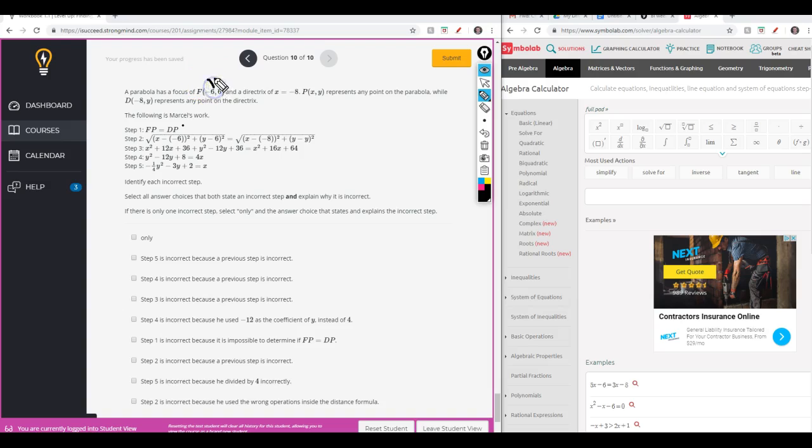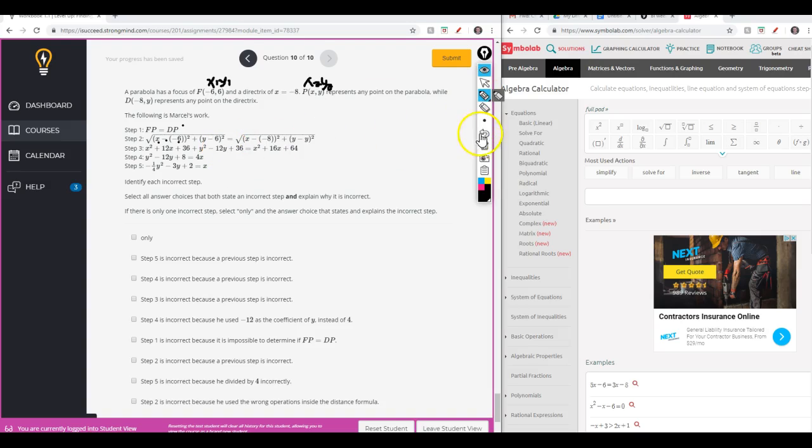So this was x1, y1, and P in this case would be x2, y2. So we would have x2, which is x, minus our x1, which is negative 6. So far so good. Plus y2, which is y, minus our y1, which is 6.